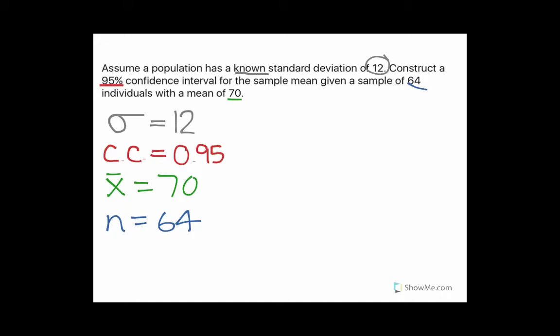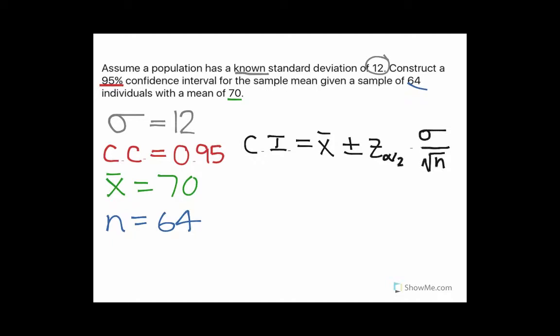If you remember our formula, our confidence interval is x bar plus or minus our critical z value, and we're using the z formula because our population standard deviation is known, times sigma divided by the square root of n.